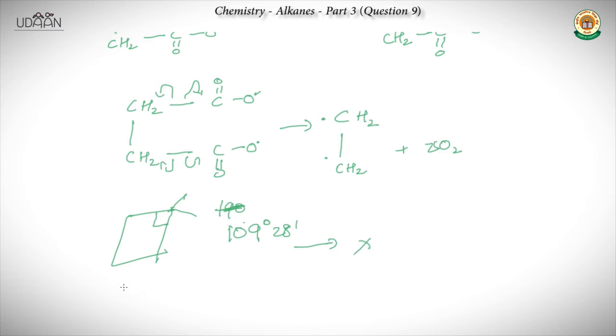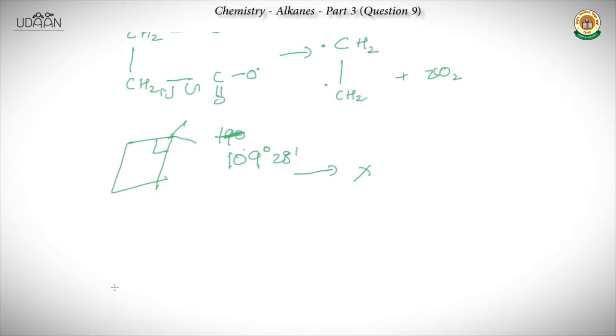Okay, so what is the alternative if we will not have a cyclobutane? Now, the thing is, intermediates are unstable, and two free radicals on the same molecule are very unstable. So what happens here is this bond cleaves away and this bond cleaves away. You will get an alkene product.